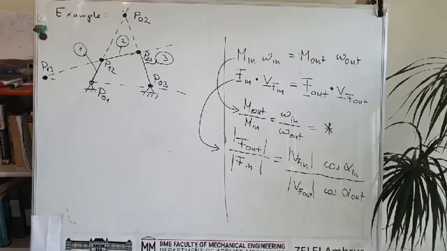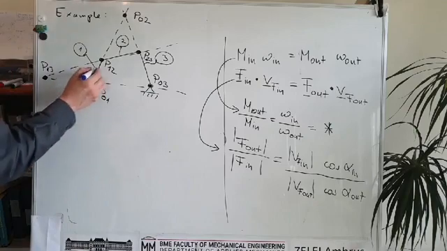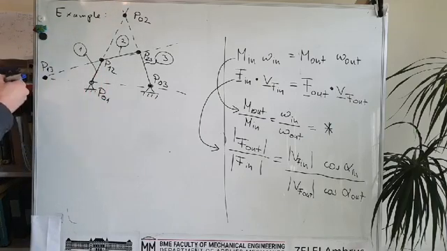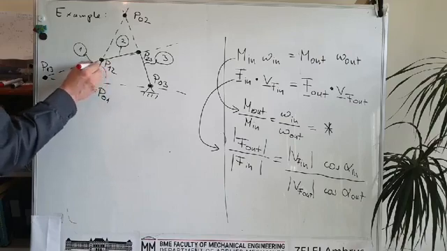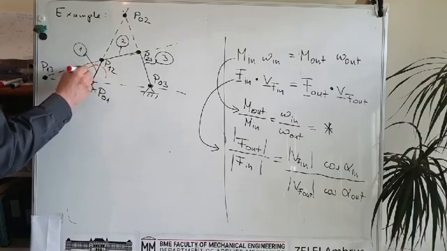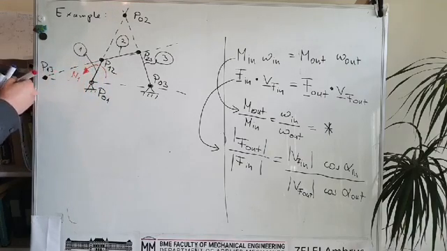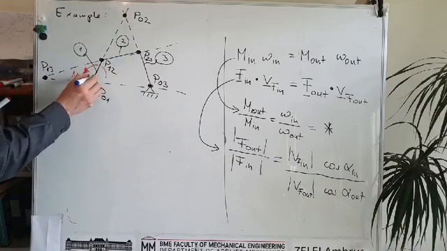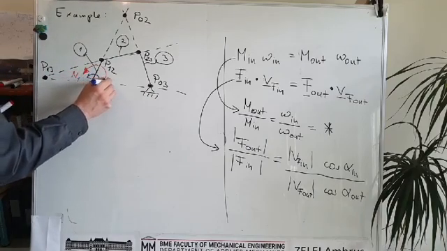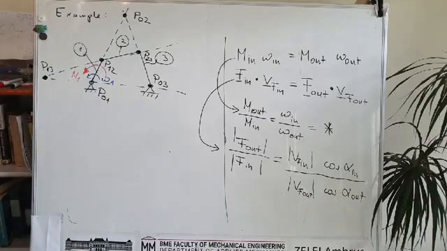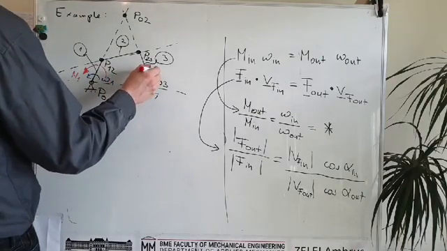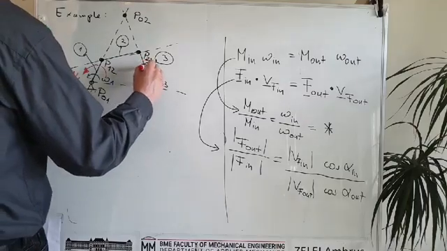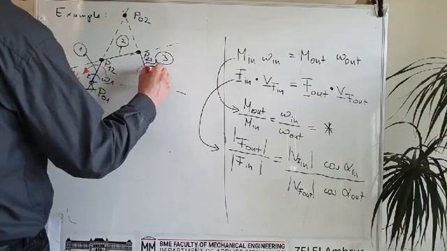And let's say that the input torque is just simply a torque. So I say that there is an input which is m1, and additionally we have an input angular velocity, and of course the output torque will be in an opposite direction after we calculate it.